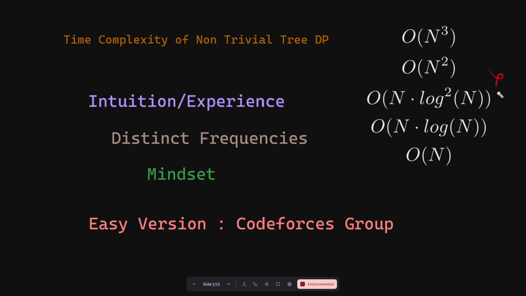During this process, we will also see how to analyze the time complexity of some non-trivial DP formulation. And to achieve these optimizations, we will take motivation from the problem of counting the distinct frequencies of elements that can exist in an array.